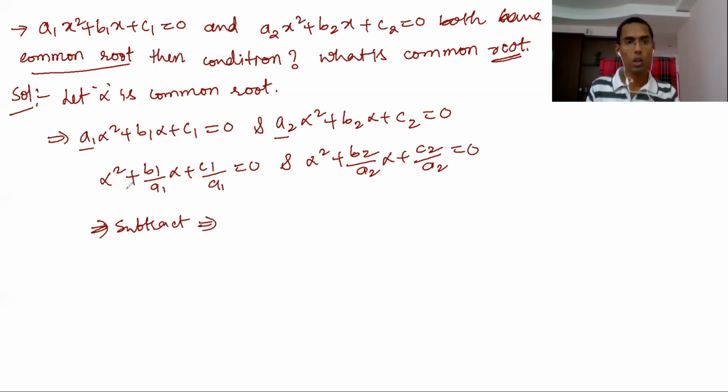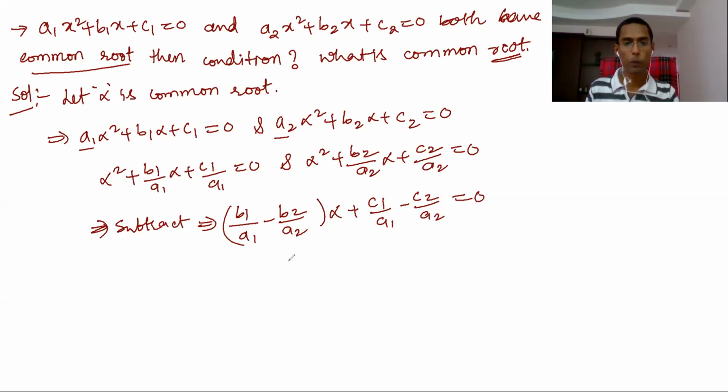So what you can do is subtract it. Subtraction will give you, alpha square cancels, b1 by a1 minus b2 by a2 into alpha, plus c1 by a1 minus c2 by a2 equal to 0. Then alpha equals what you are going to get. I'll simplify this.